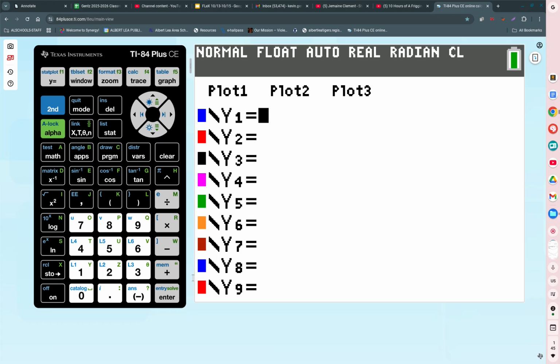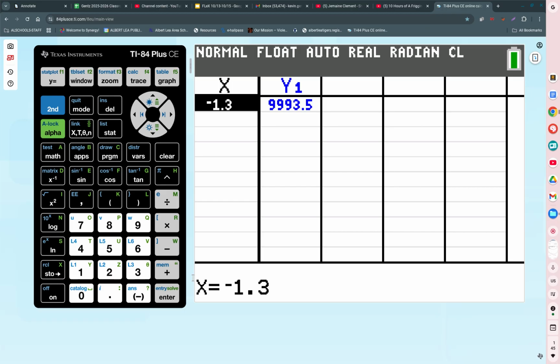Best way is to go to y equals and just type in your function, 10,000, and then what is it after that? Plus 5x, and then plus 0.01x squared. Okay, so I've got that. I can go ahead and go to my table, and I'm going to type in two values.